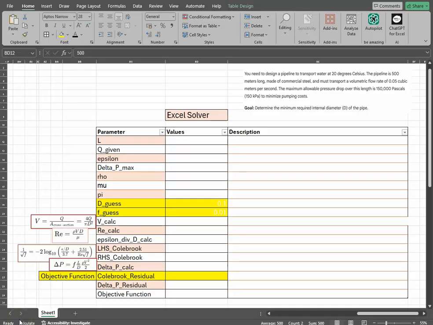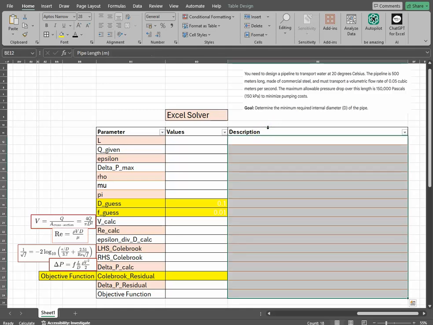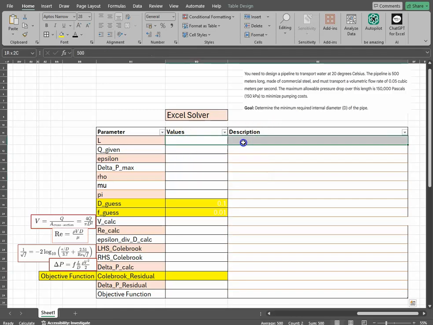Before solving using Excel Solver, we have set up all these parameters and their values. In this column we have written all the parameters we need for solving this problem, in this column we will put the values and also calculate some values, and in this column we will put some description. First parameter is L, which is 500, the pipe length in meters.